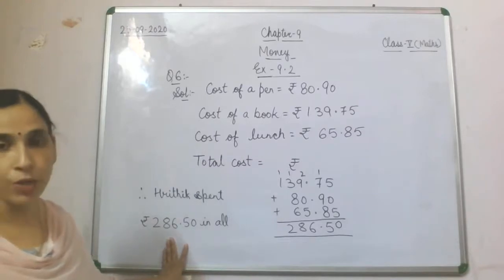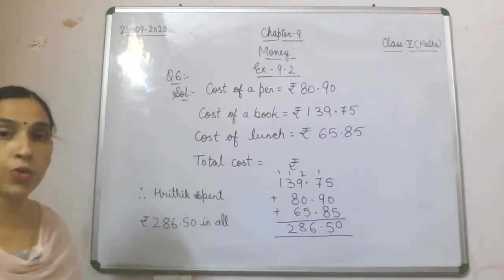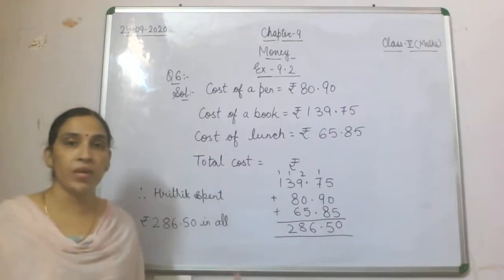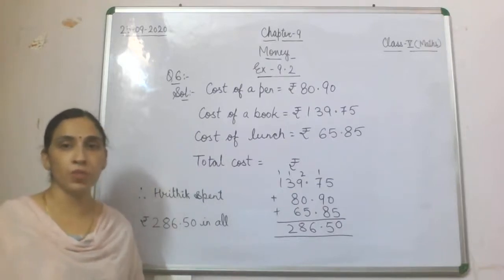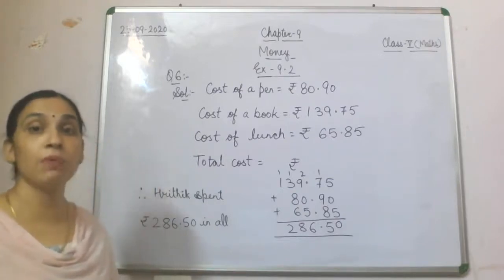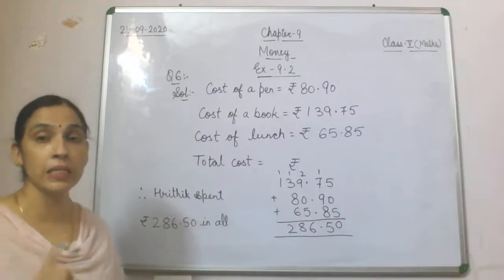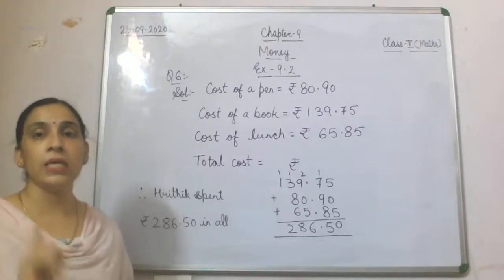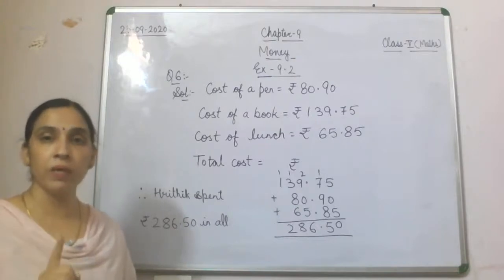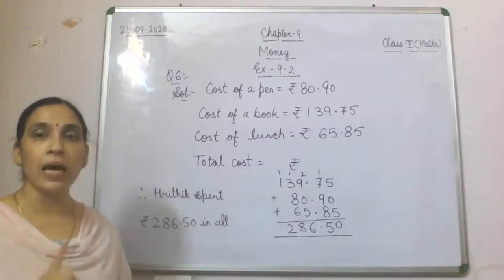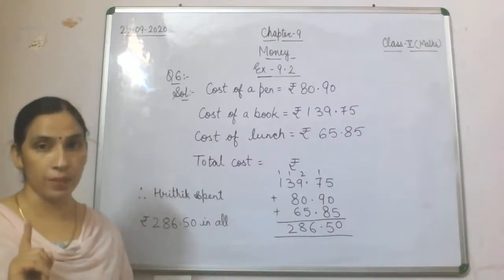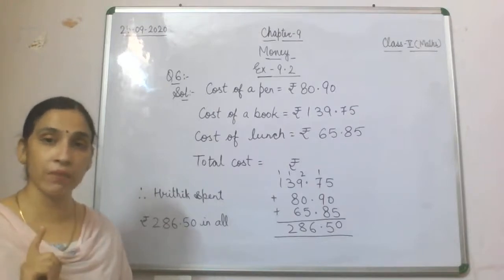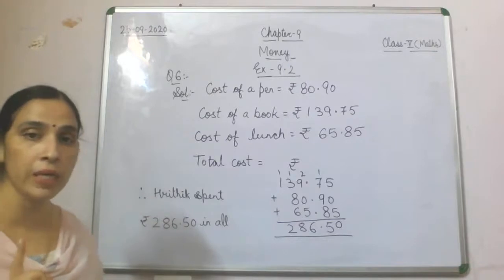So children, I hope this question is clear to you all. Today, first of all, we revised the concept we did yesterday, that is addition of money: how to arrange the given amounts into a column and then how to do the addition. That is the basic thing required in addition of money.